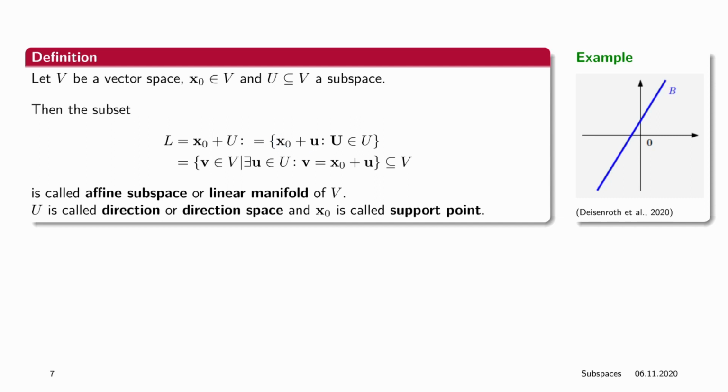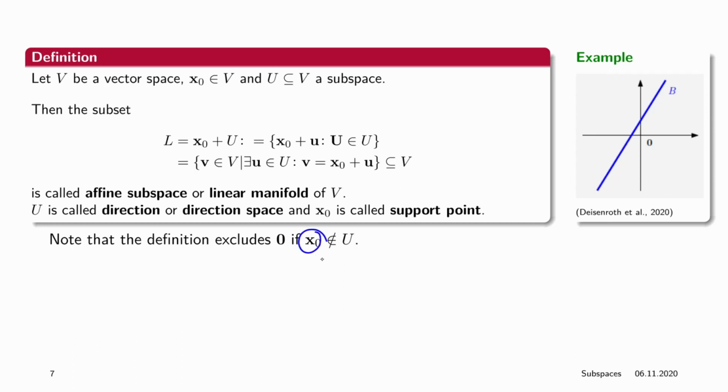Or it is the set of vectors v in our original vector space for which there is a u in the subspace capital U, such that this vector v equals the sum of x0 and this vector u.